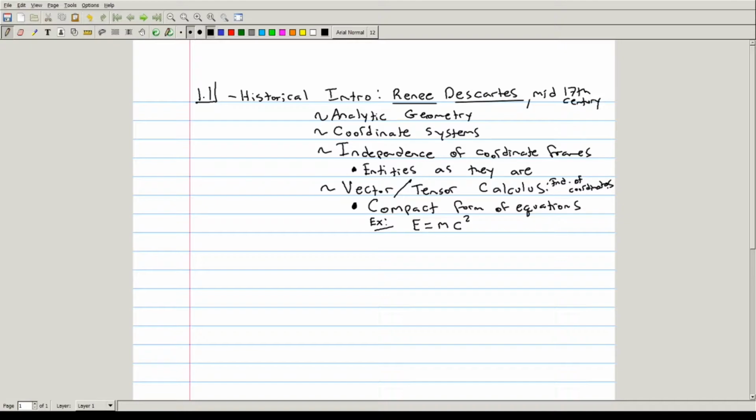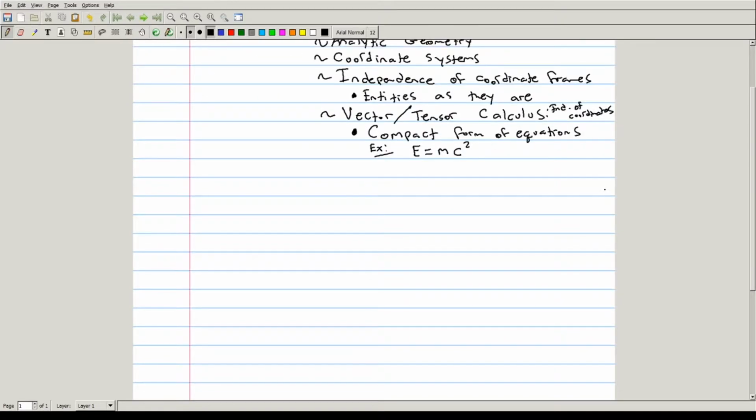And the starting point here is going to be vector algebra, and then we're going to move on to vector calculus. So in the book, you get an introduction to vector algebra in chapter 6, specifically 6.1 to 6.4.